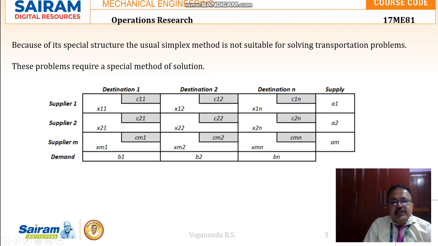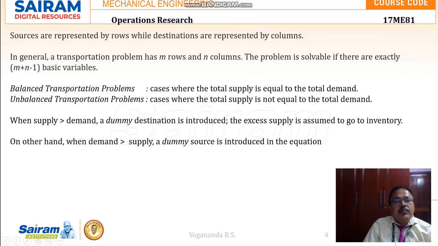The problem will be taken as balanced if the total supply is equal to the total demand. The vertical summation, if it is equal to the summation of horizontal demands, then the problem will be called a balanced transportation problem.